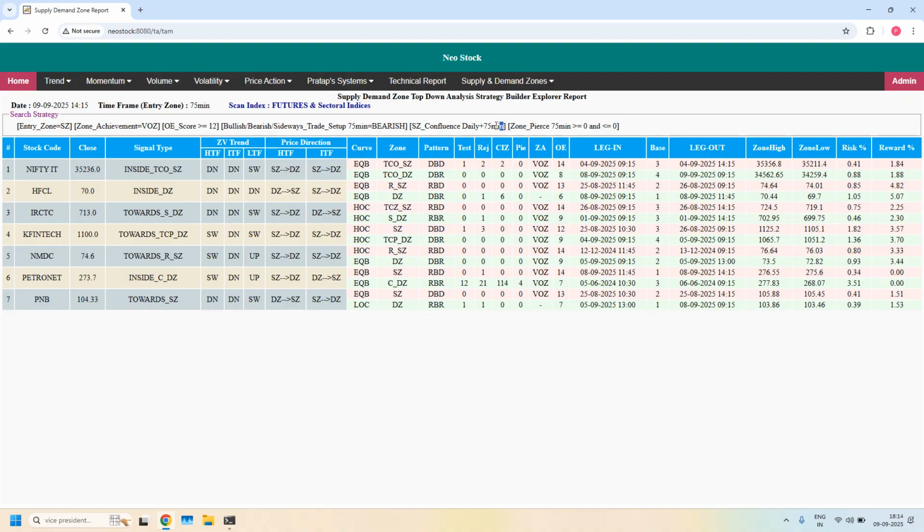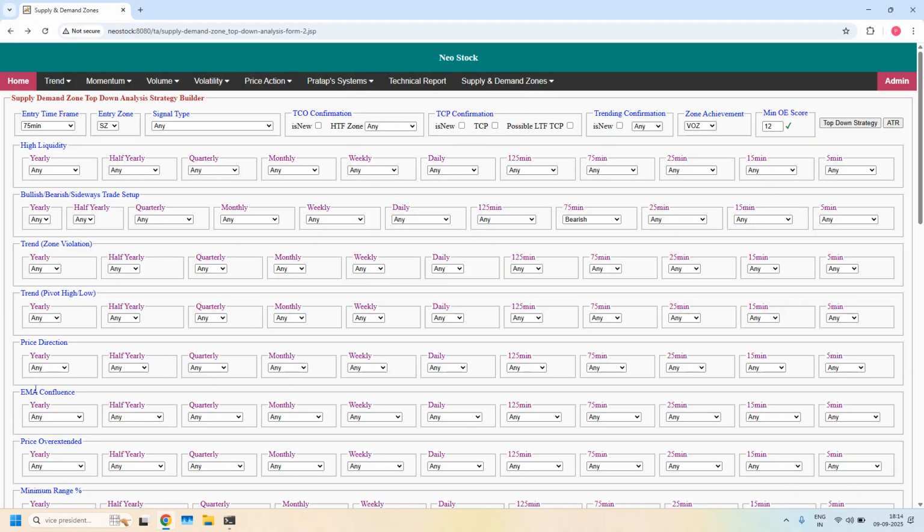Because 75 is overlapped with daily supply zone, and the daily trend is a downtrend. ITF trend is downtrend in all the stocks. So we can further filter based on the 75-minute supply zone having daily EMA, since 75 is overlapped with daily. So daily supply zone having daily EMA confluence.